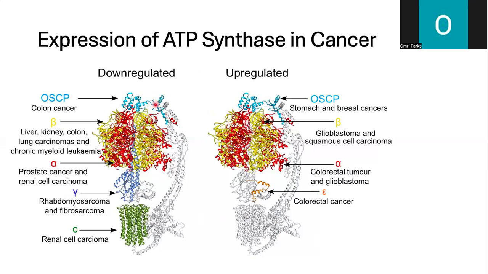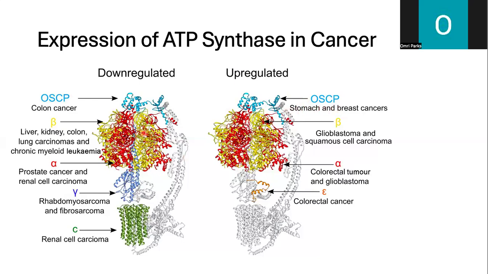So when ATP synthase is downregulated, say in OSCP, this is mostly found in colon cancers. On the opposite end, the upregulation of OSCP is mostly associated with stomach and breast cancers.